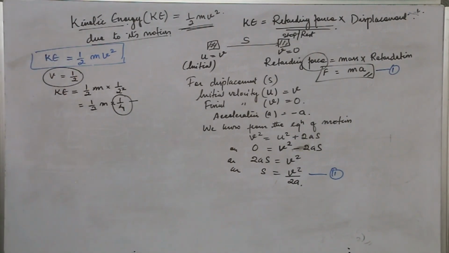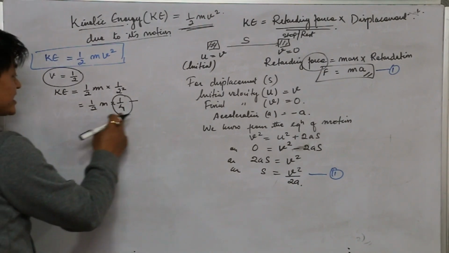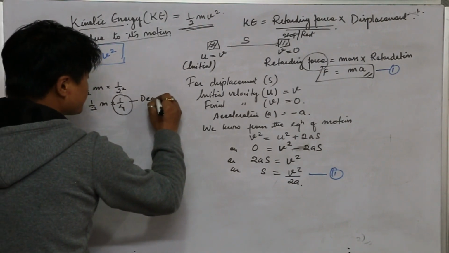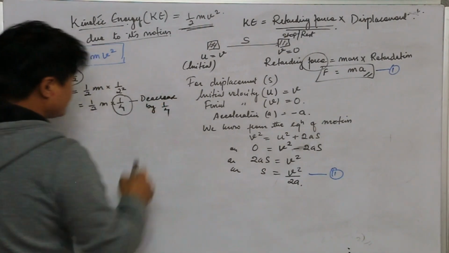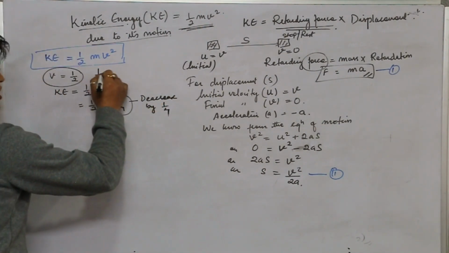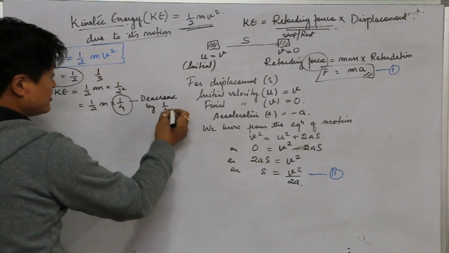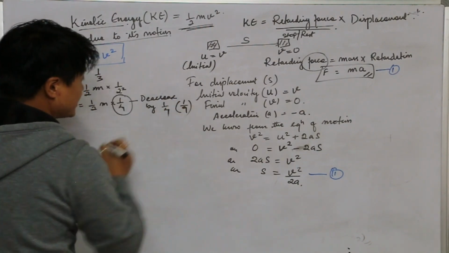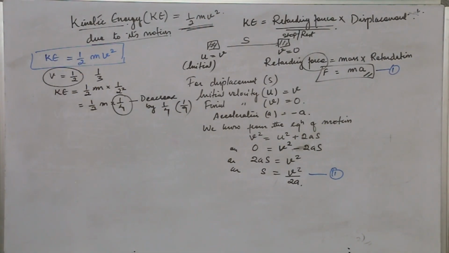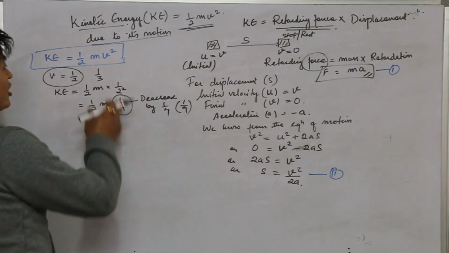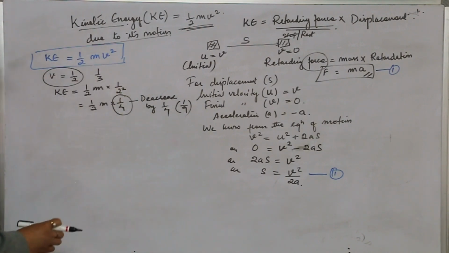When the velocity of the body is half, the kinetic energy will decrease by 1/4. If you make the kinetic energy 1/9, the velocity of the body will decrease by 1/3, because the kinetic energy of the body depends upon the square of the velocity of motion of the body.